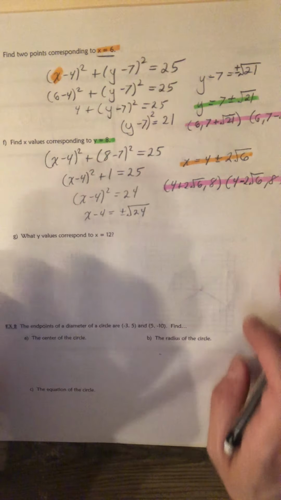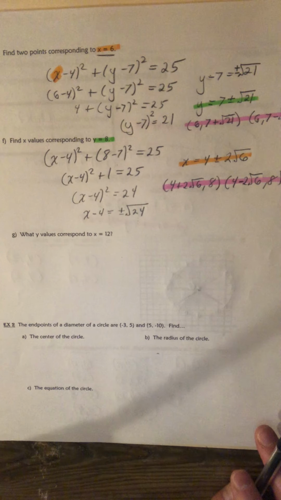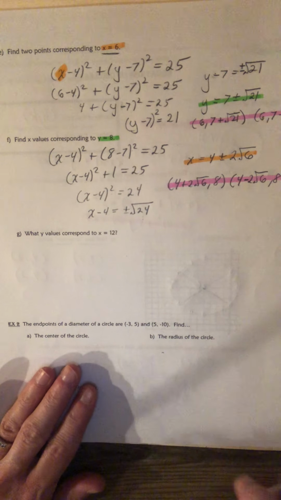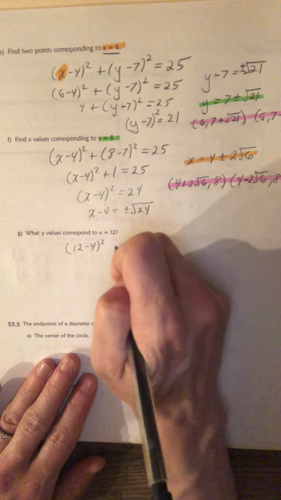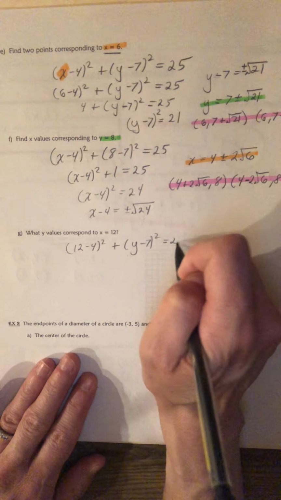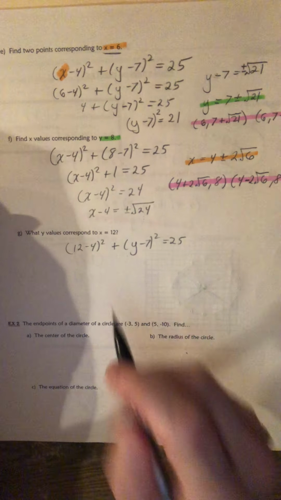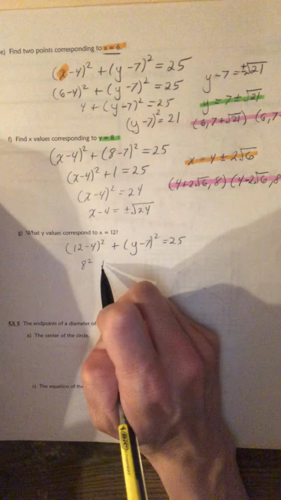Now, what value of y corresponds to x equals 12? Well, let's take a look at this. If I put this in, I get (12 minus 4) squared plus (y minus 7) squared equals 25. Now look what happens here. 12 minus 4 is 8, so I'm getting 8 squared, which is 64.